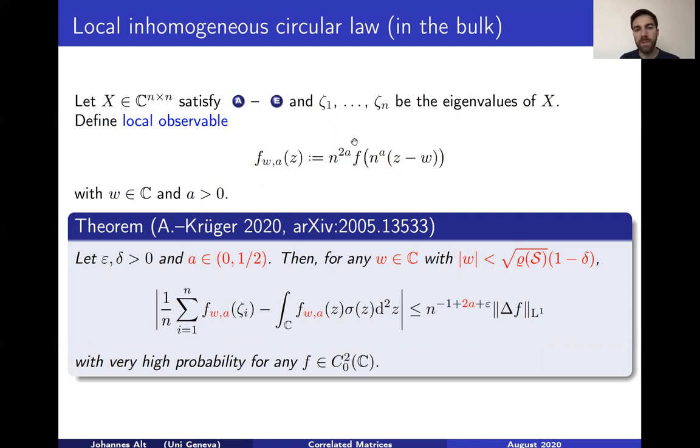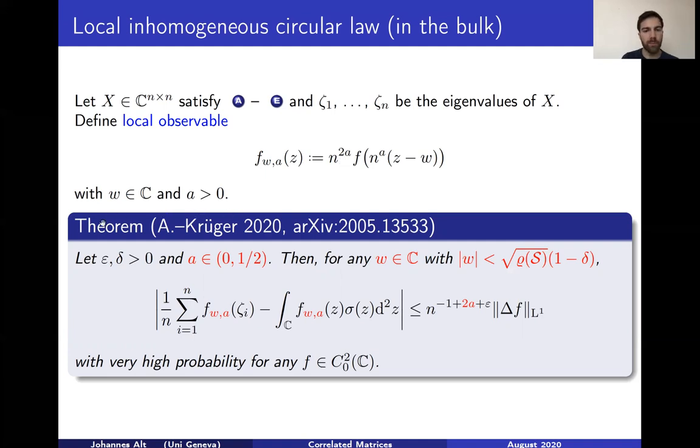We start from a function f, we center it around w and zoom in such that the support will have a diameter n to the minus a. And we rescale it finally in such a way that the L1 norm is preserved. These local observables will then see a mesoscopic number of eigenvalues if the a is chosen sufficiently small.